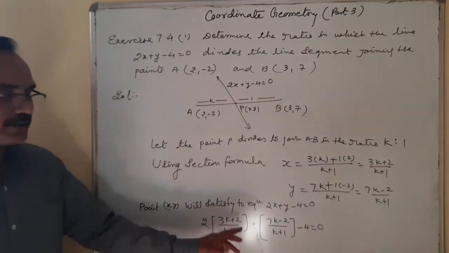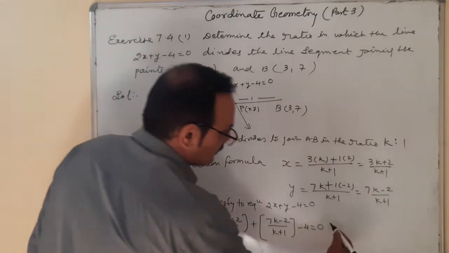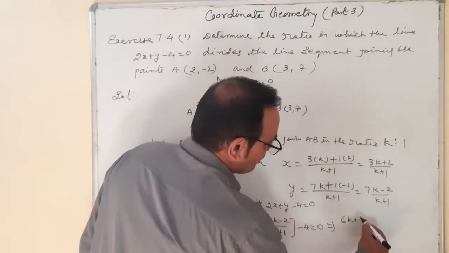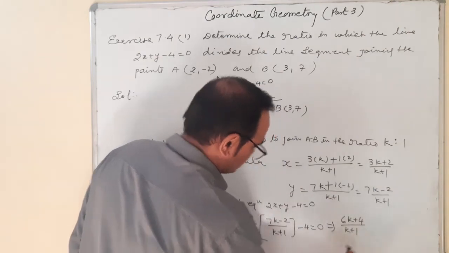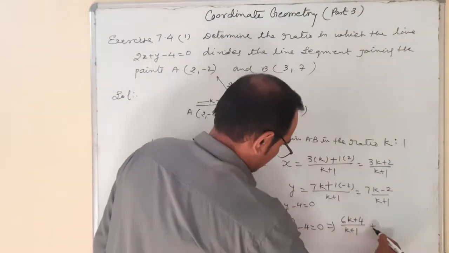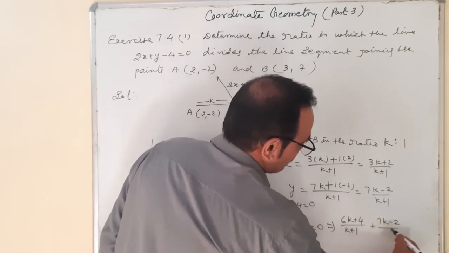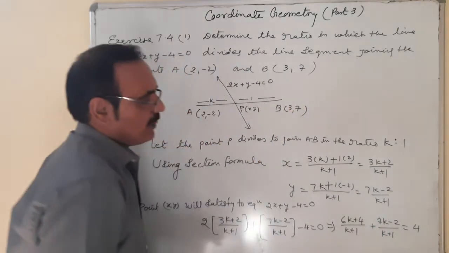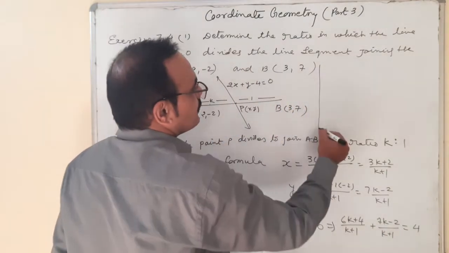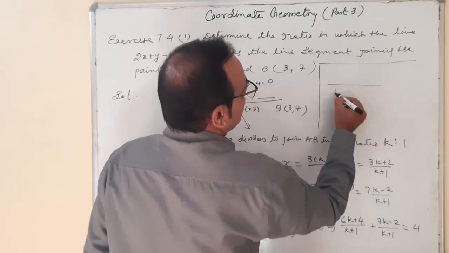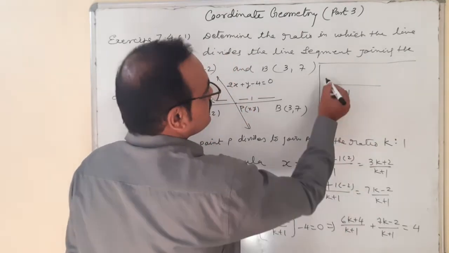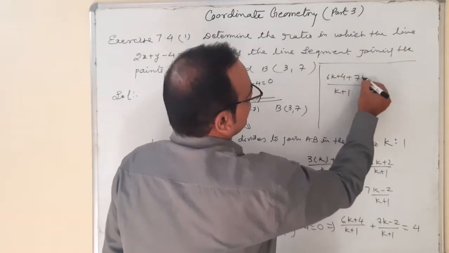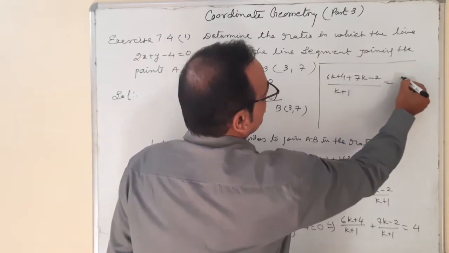This means 6k plus 4 upon k plus 1 plus 7k minus 2 upon k plus 1 is equal to 4. Taking the LCM k plus 1, 6k plus 4 plus 7k minus 2 is equal to 4.